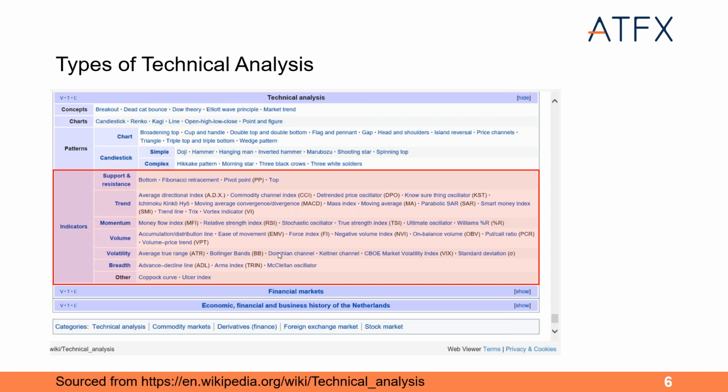So when a market is overbought or oversold, meaning if a market has been going up for a considerable amount of time, it may get into overbought territory and be due a correction back to the downside, and vice versa, or oversold, it may be due a correction back to the upside.